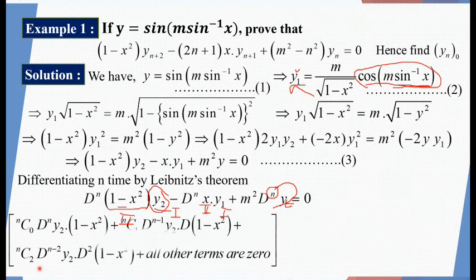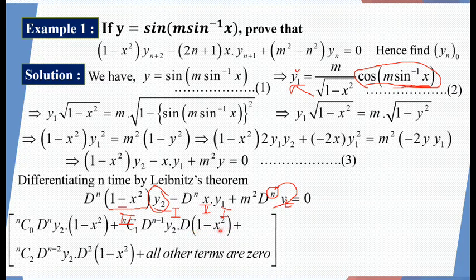So applying, now see, this is the first function. So nc0, nth derivative of first function, that is y2, into the second function, that is 1 minus x square, plus nc1, n minus 1th derivative of y2 into derivative of 1 minus x square.